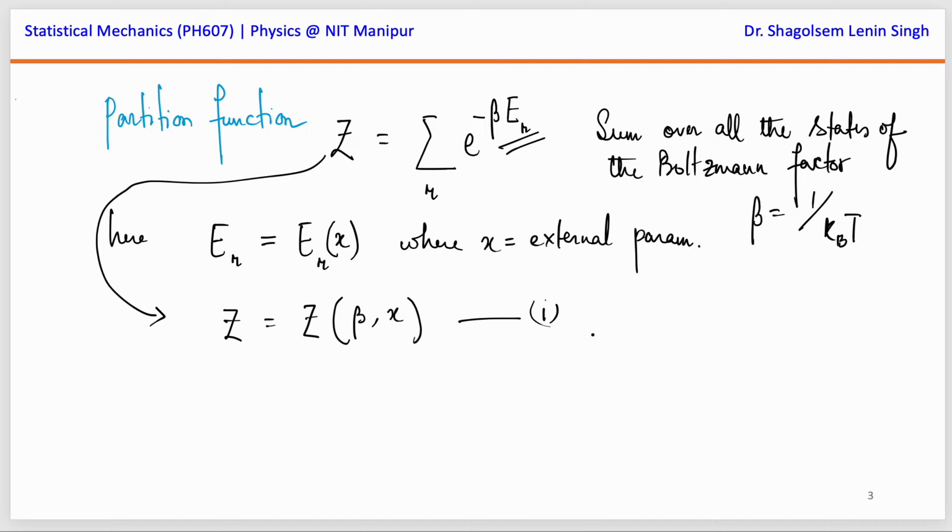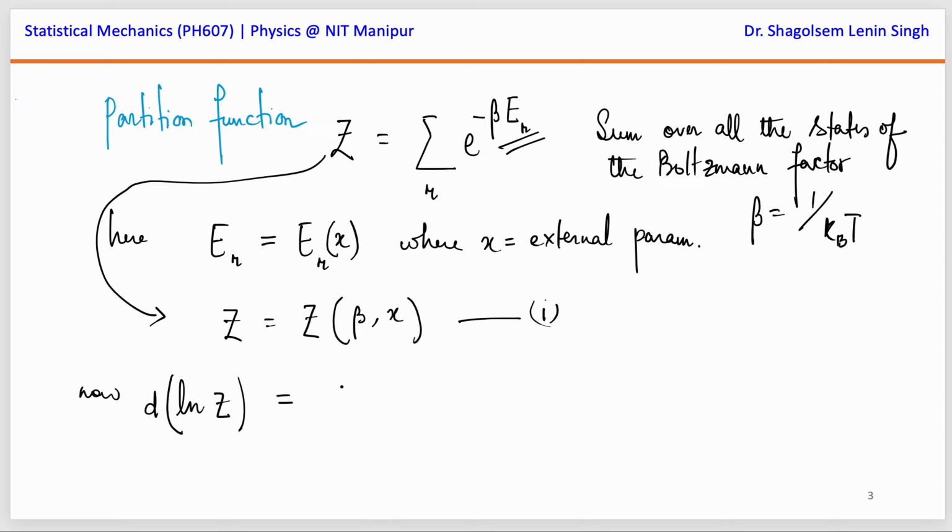Now what we do is, let's just take a derivative of log Z. As usual, Z is a function of two variables.